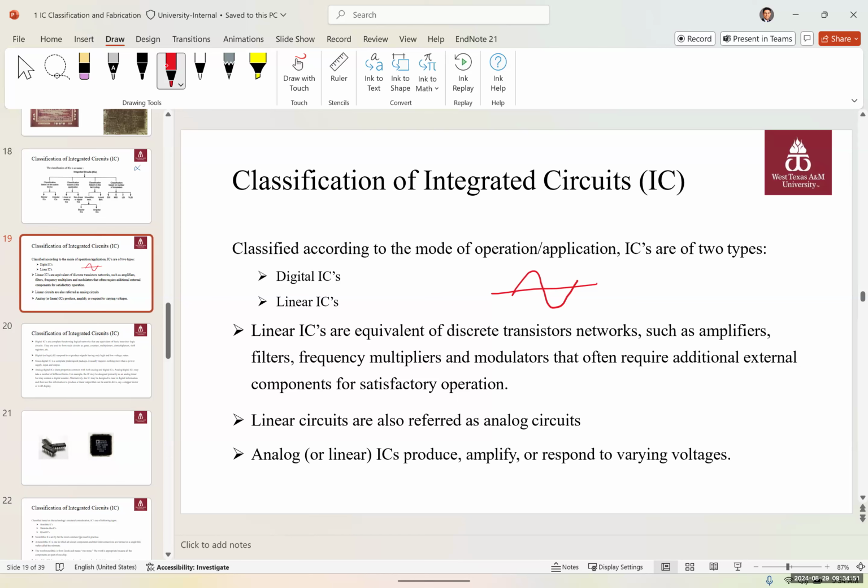Usually on top of these ICs, we have to add other elements like capacitors, resistors. So when you have a linear IC or analog IC, it's combined with other elements like a capacitor or a resistor to build different types of filters, for example. So imagine that you have an analog IC that does signal processing on an audio signal.